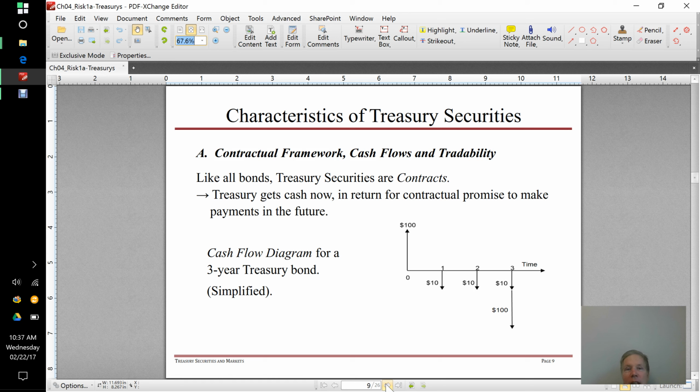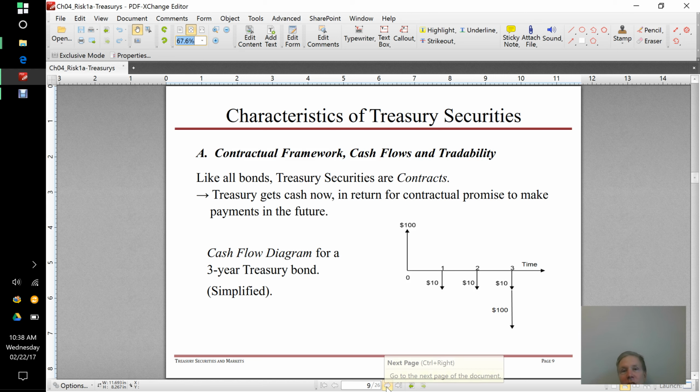The Treasury gets some money now, in return for performing per the contract specifications, which say, for example, with the 3-year bond shown in the cash flow diagram, the Treasury will get 100 million in return for paying 10 million in interest for the next 3 years to whoever is holding those bonds, and then at the end of the 3 years paying back that $100 million.